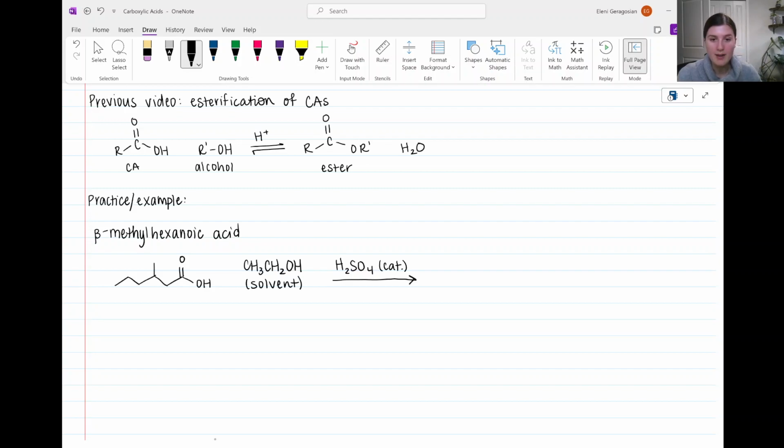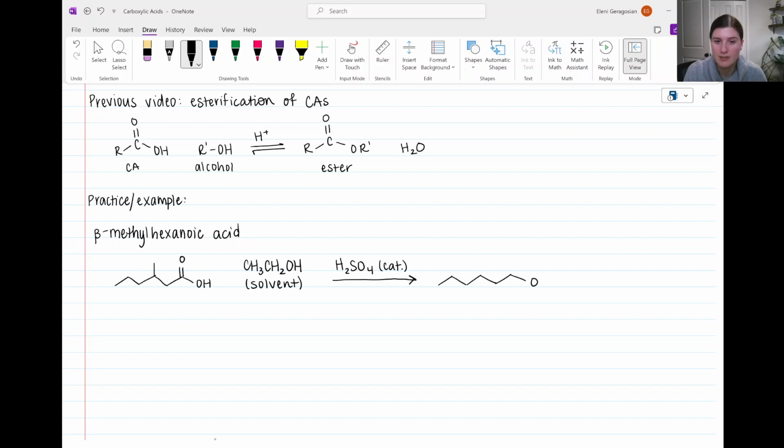Okay, so if we have beta methyl hexanoic acid and we're adding ethanol under acidic conditions, then our final product is going to be an ester. Everything except for the hydrogen from the original molecule stays the same. Now, through the mechanism, we see that this oxygen that I just drew there is not actually the oxygen from the original molecule.